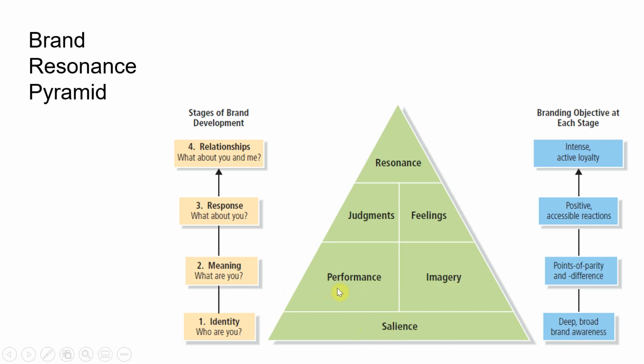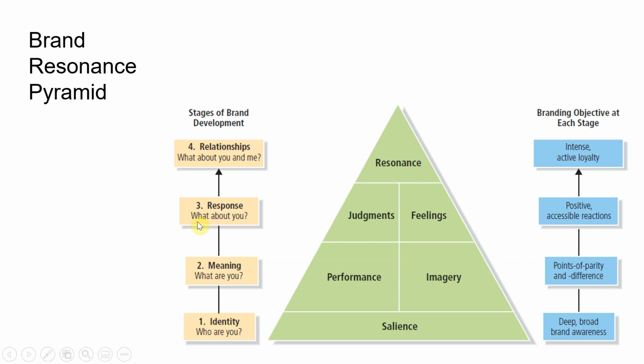Performance is product-related information or associations, and imagery concerns social psychological related associations. So in the second step of brand meaning, we manage points of parity and points of difference.